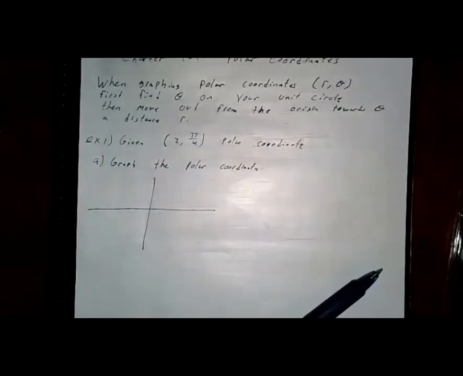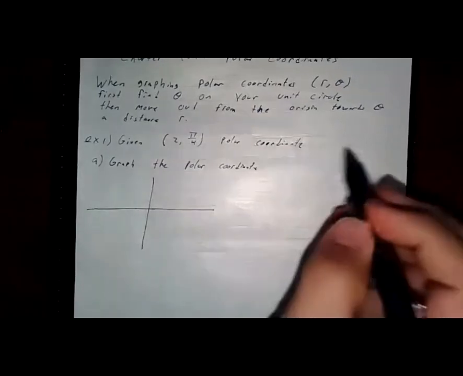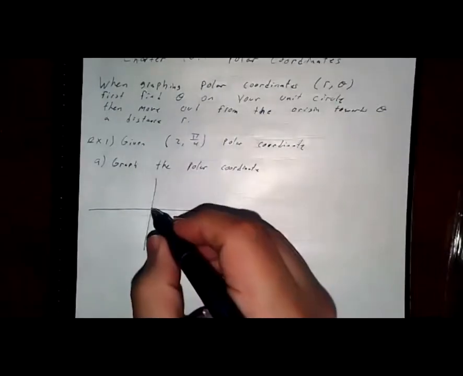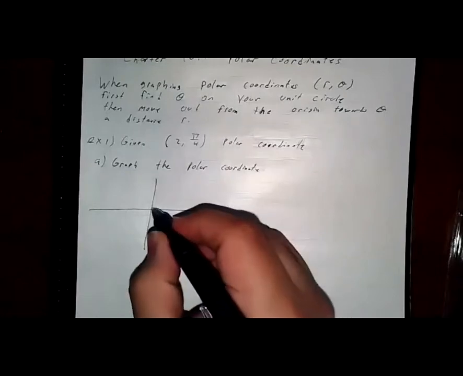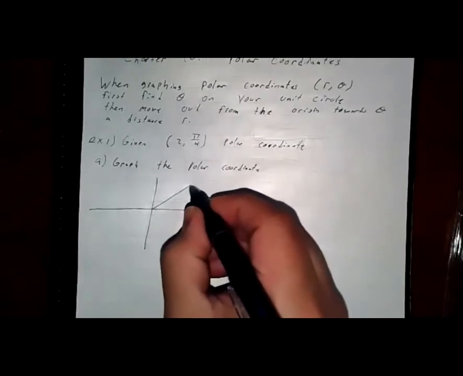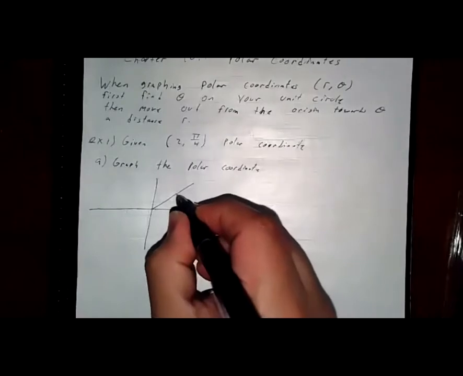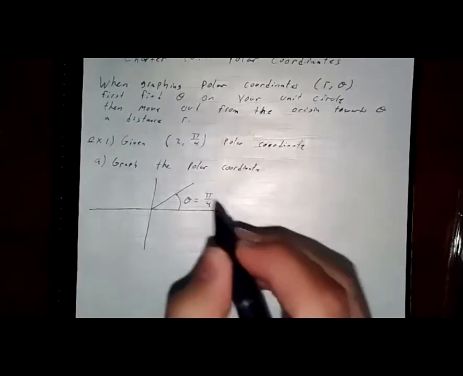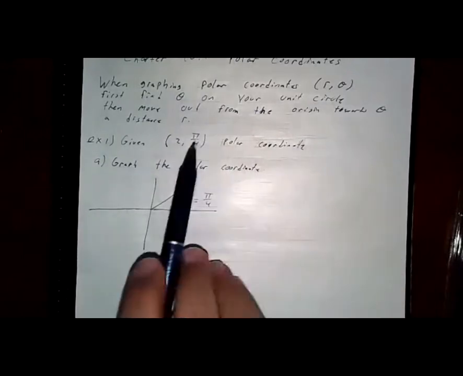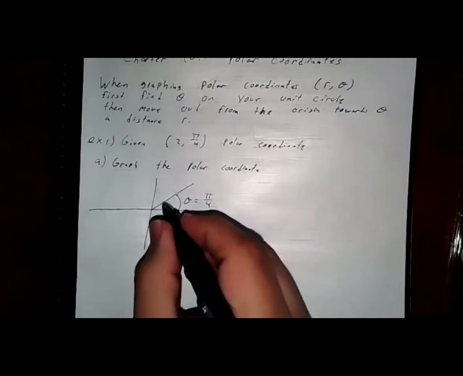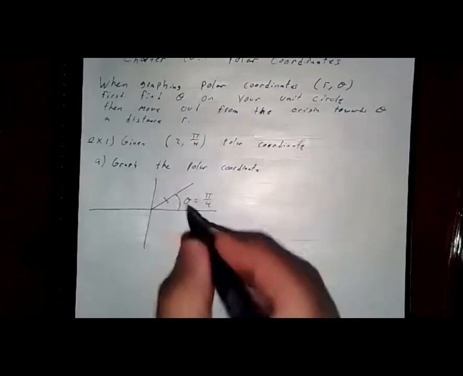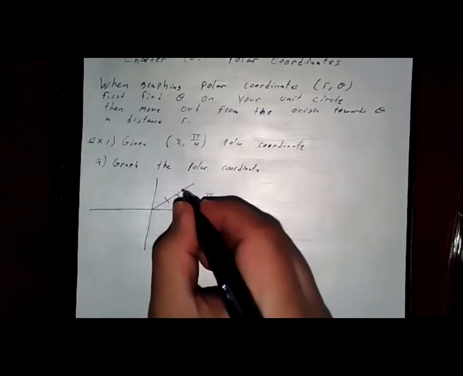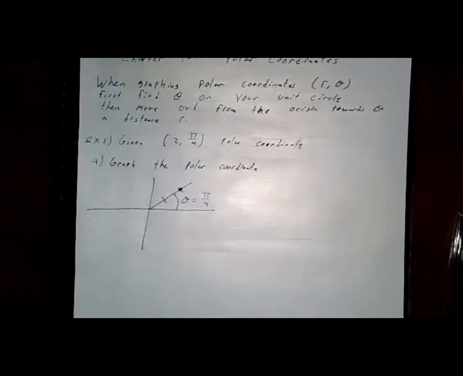So pi over 4, we know is 45 degrees, right? So we know it's right in the center. So it's out here somewhere, because theta would be pi over 4, right? So the radius 2 means I go out 2 units. So I'll go out 1, 2. So this is the location of the point.